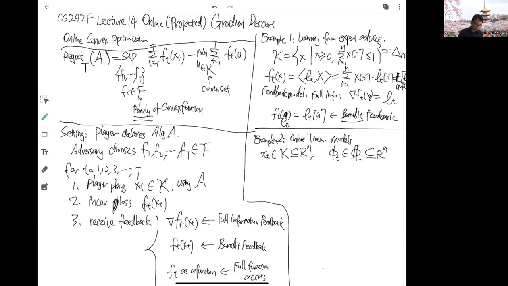And what's the loss function that we want to minimize? In linear regression, ft(x) is simply x times phi t, which is how your linear model predicts, minus yt. This is the observed label that's revealed to you in hindsight, after you've played x.